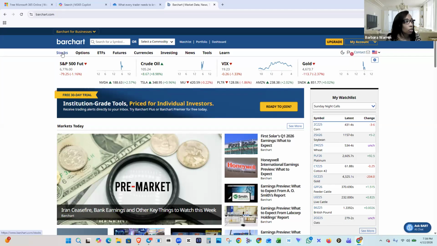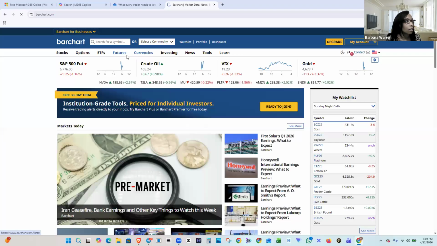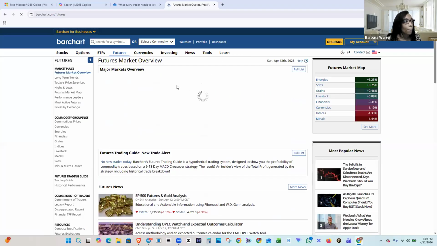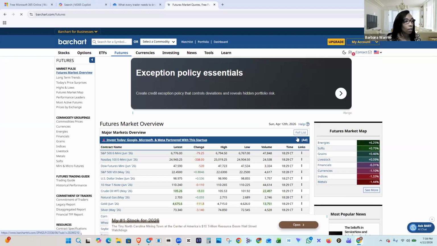So there's stocks here, there's options, there's currency, there's so much in barchart.com because this is the guru for the financial arena. So I'm going to click futures. And if I double click futures, it takes me to the futures market overview. Well, I'm going to click full list because this doesn't show all the commodities. So I'm going to click full list.